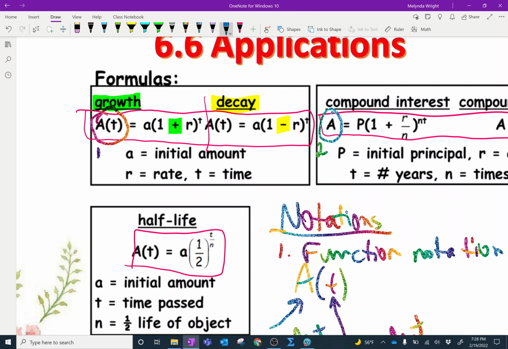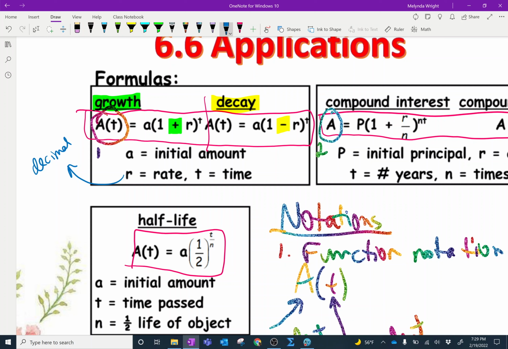R is the rate, and this rate needs to be written as a decimal. Not a decimal percent, just a decimal. We learned in previous math classes many moons ago how to go from a percent to a decimal. So that's what we would need to do.